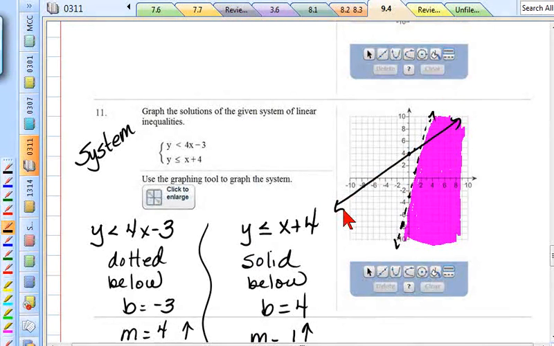Shade below it with a different color. Oh, yes. Very nice. I'm kind of excited. This did better than my markers.